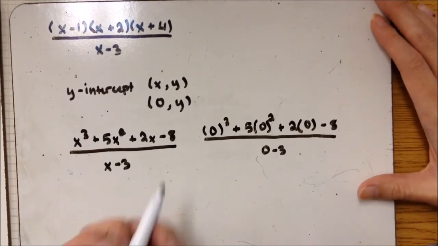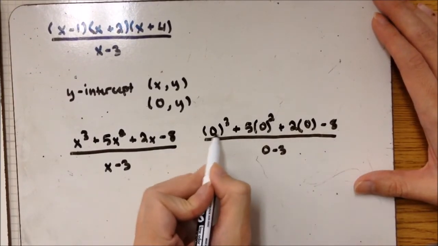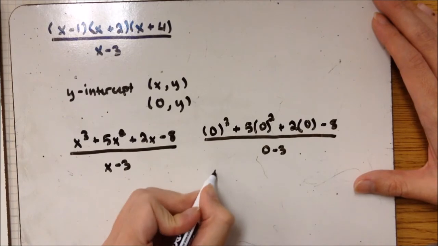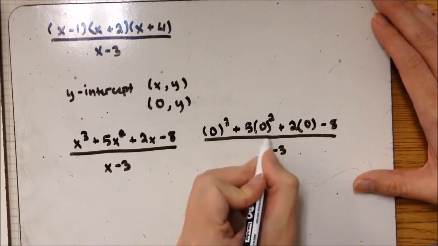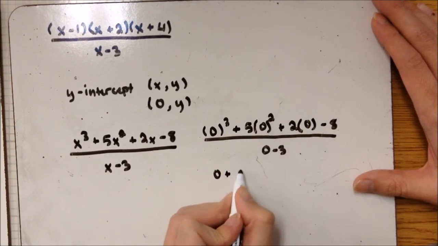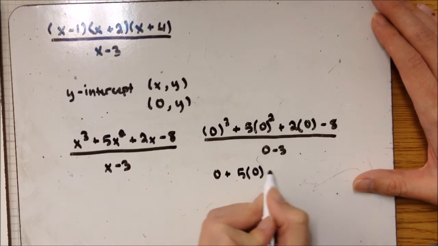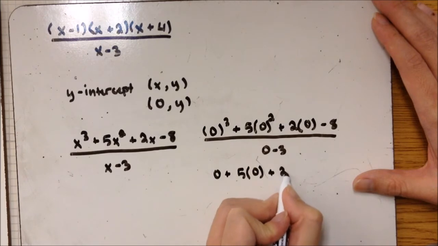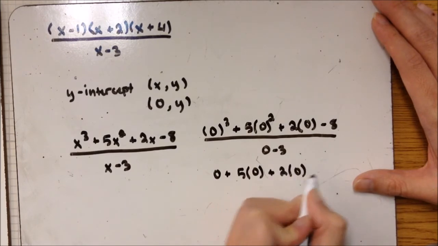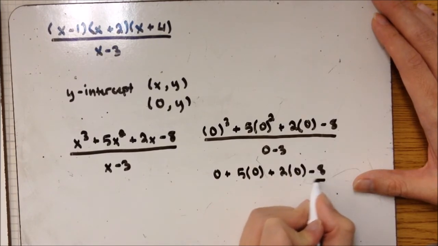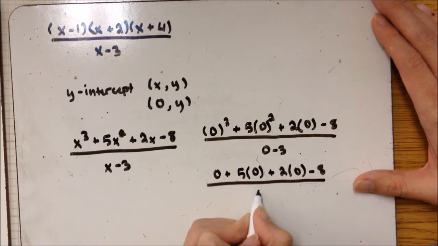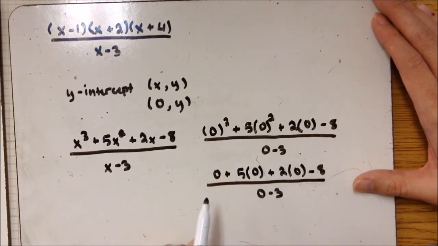So we're going to do all the exponents. 0 to the third power is just 0. Here is 0 squared, and 0 squared is just 0. Again, all I did was work out the exponents.